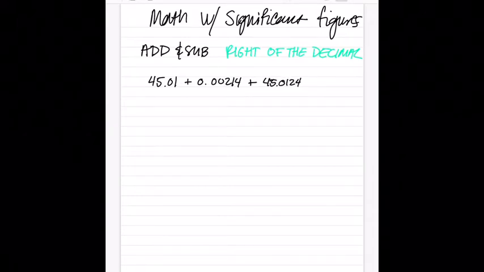Now again, you cannot be more accurate than your least amount of significant figures. So the first step on doing any kind of math function with significant figures is to figure out how many significant figures you have. Because I'm doing addition, I'm only looking at what's to the right of the decimal. The same thing is true for subtraction. So right here, I have 2 significant figures to the right of the decimal.